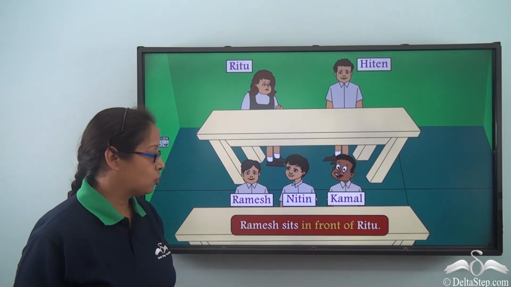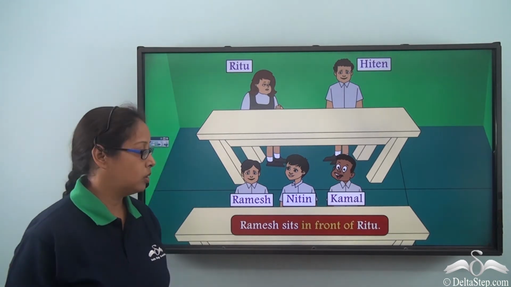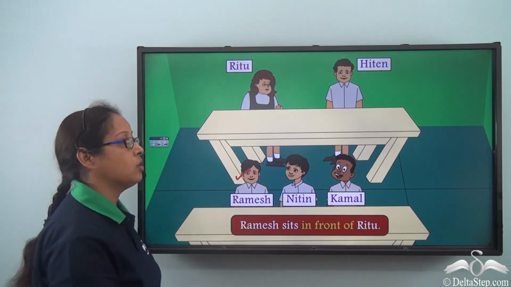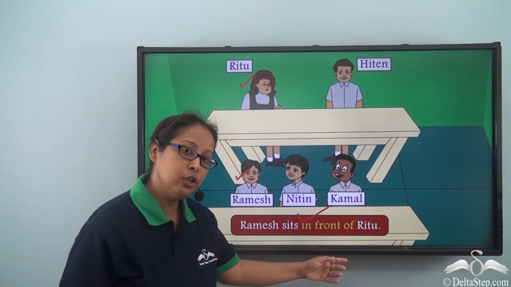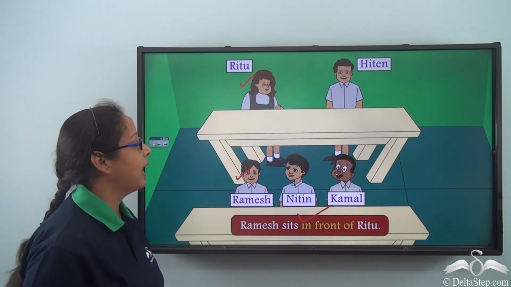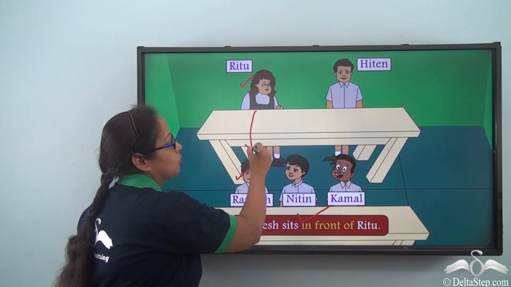Let's look at the classroom. Ramesh sits in front of Ritu. So here is Ramesh. And where is Ritu? Right here. When I say Ramesh sits in front of Ritu, what do I mean? We simply mean that Ramesh is before Ritu.